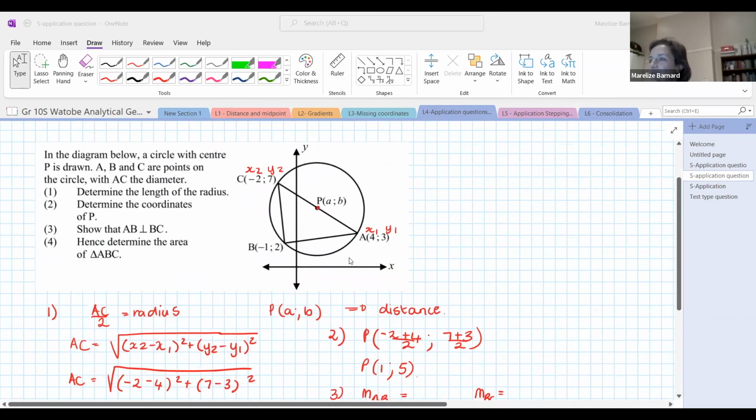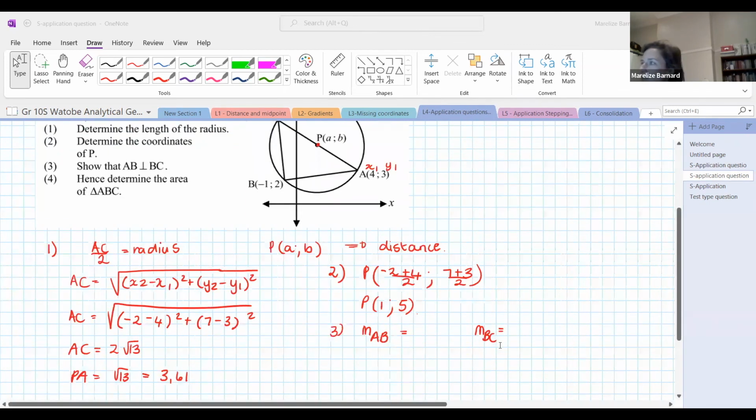Okay, guys, pop your answers in the chat, your gradient for AB and your gradient for BC, and whether they are perpendicular.